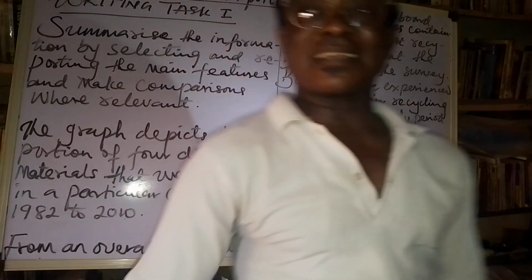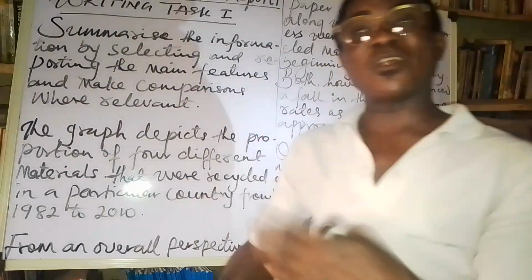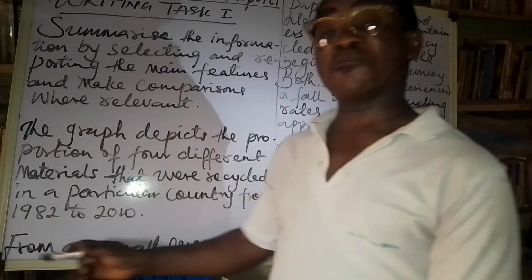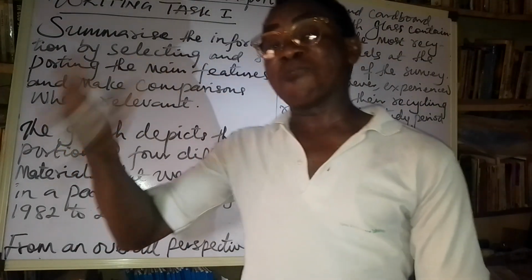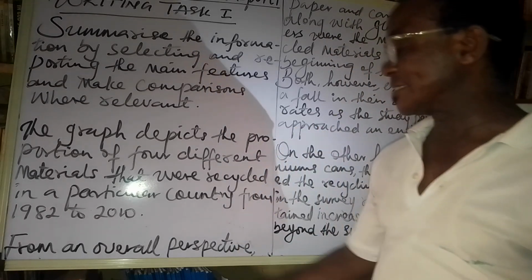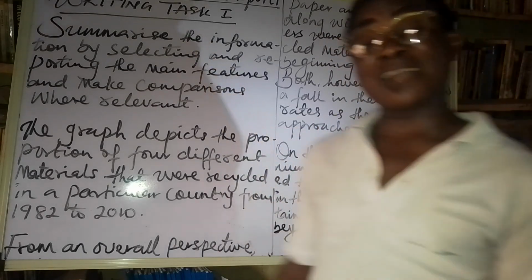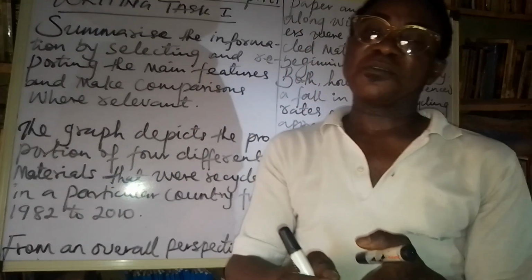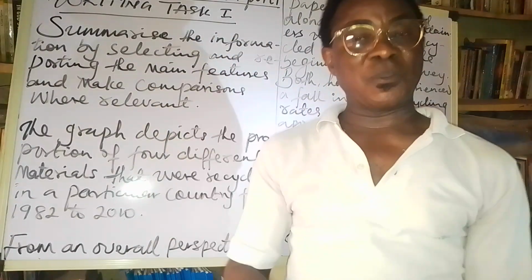IELTS candidates have developed the tradition of referring to this second paragraph as the overall, because very often it begins or contains the word overall, because it's actually an overview of the entire model.